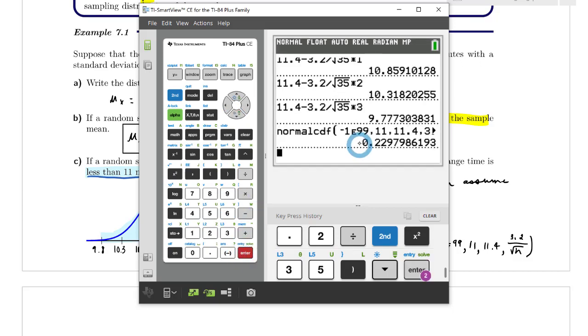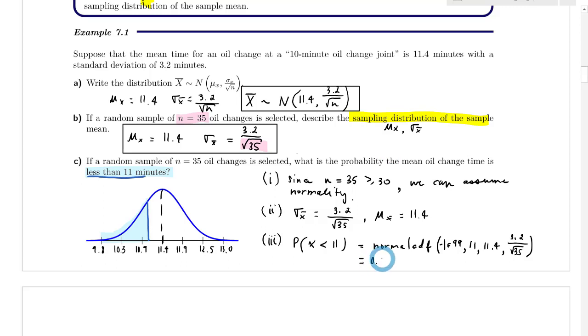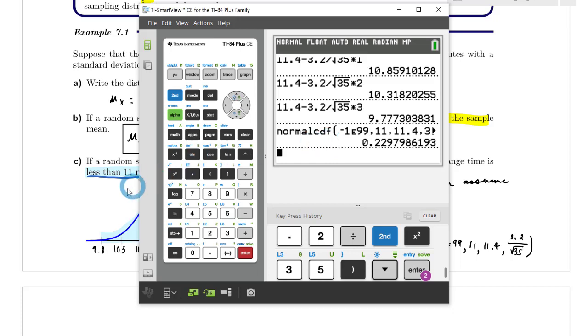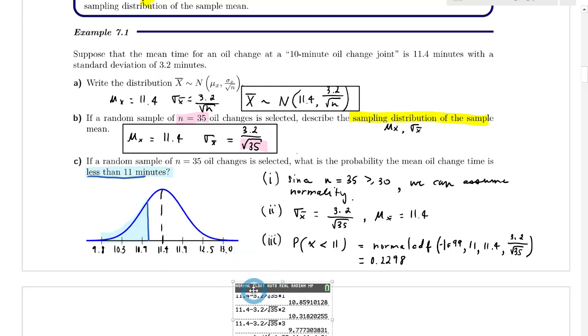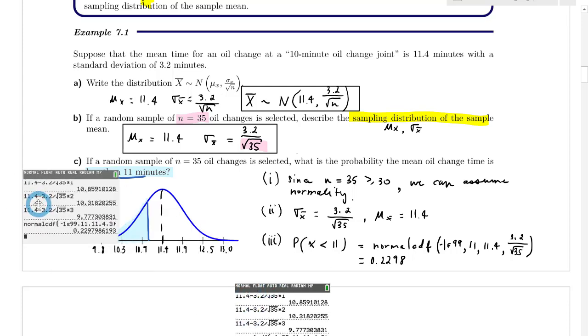And so on the calculator, we get 0.2298. Let me go ahead and drag that picture over, just make it super tiny, and put it over here in the corner.